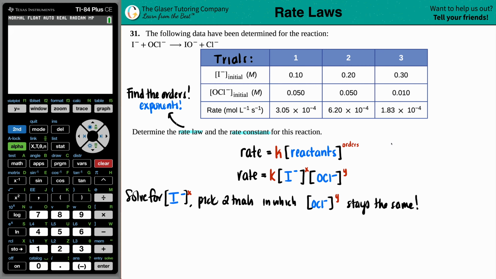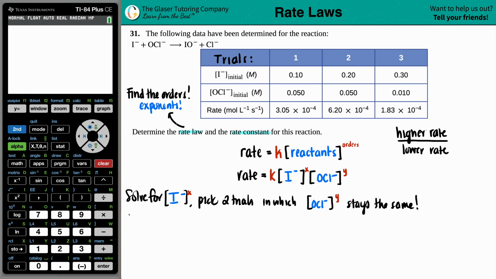Now, to make it easy for yourself, I would always put the higher rate value and divide it by the lower rate value. This just makes the math easier when we're actually solving. So in this case, I look at my rates and see that 6.2 is larger than 3.05.